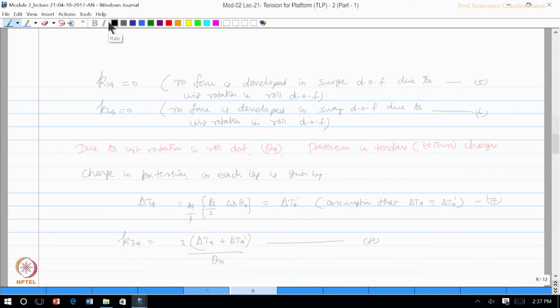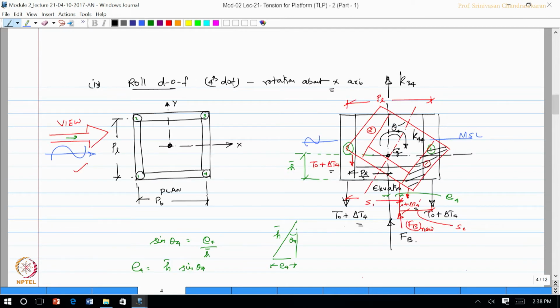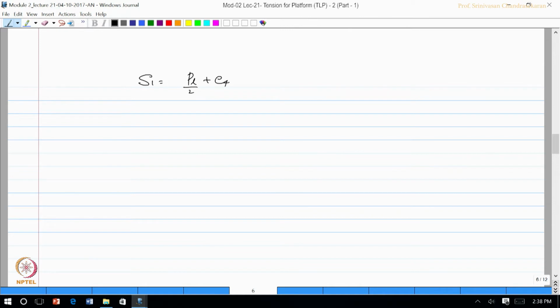Having said this, S1 is actually equal to PL by 2 plus E4. Please see this figure. S1 is this distance plus this, so it is PL by 2 plus E4, and S2 is PL by 2 minus E4.